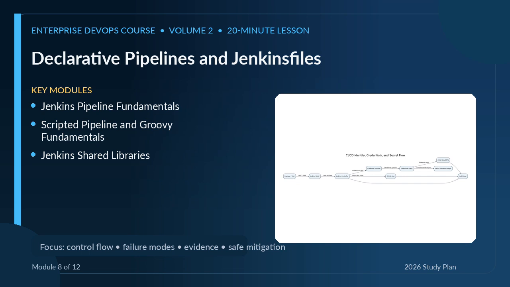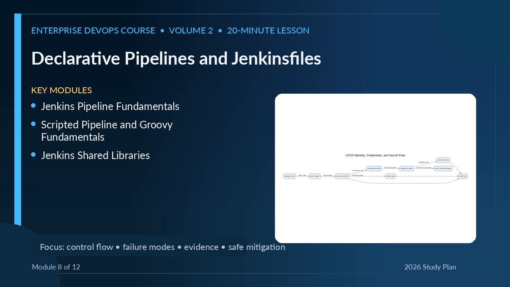Scripted pipeline pattern: do not use Groovy string interpolation for secrets passed to shell steps. Keep controller-side Groovy computation small. Use external tools for large JSON, YAML, or file operations. Treat shared library changes as production platform changes with compatibility testing and versioning.